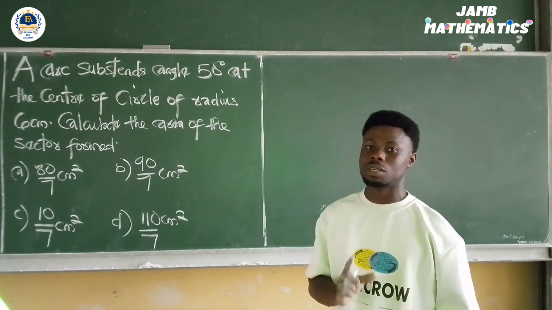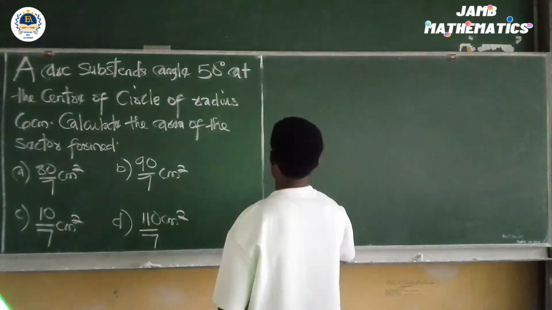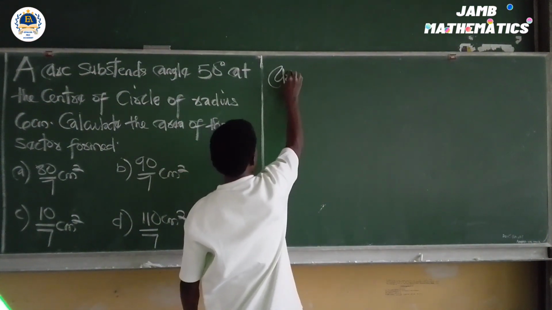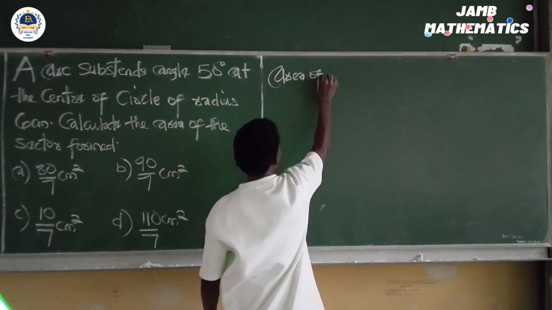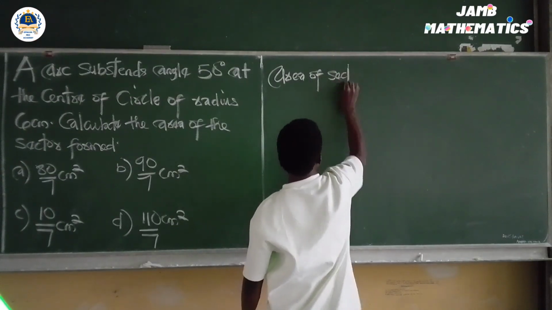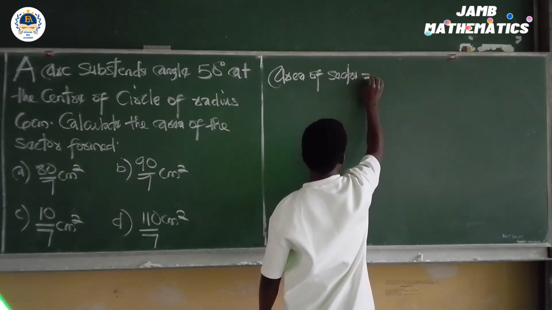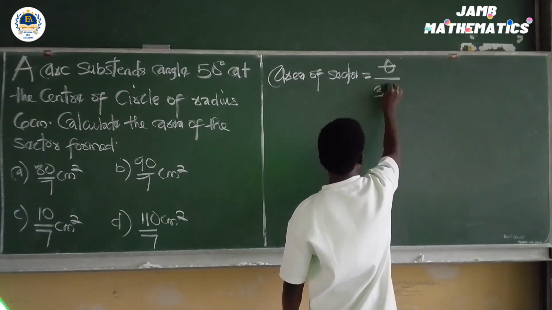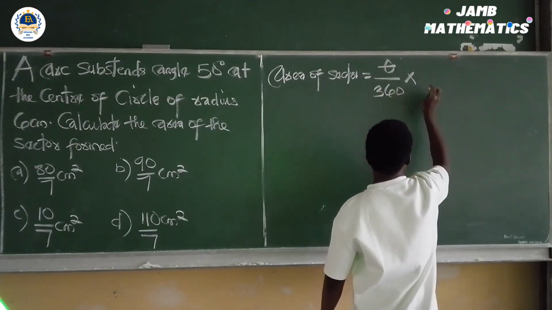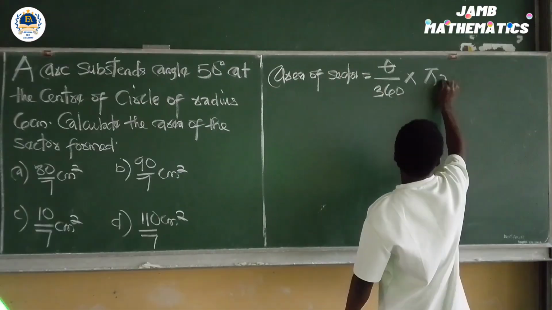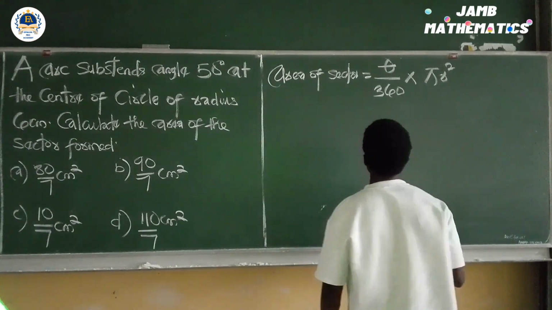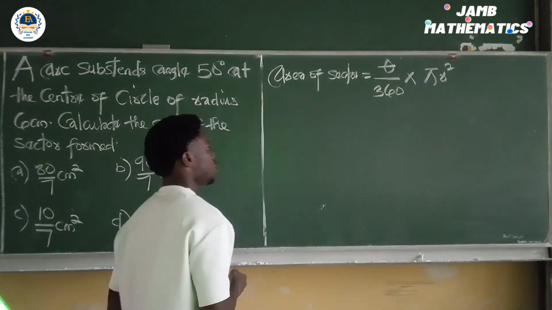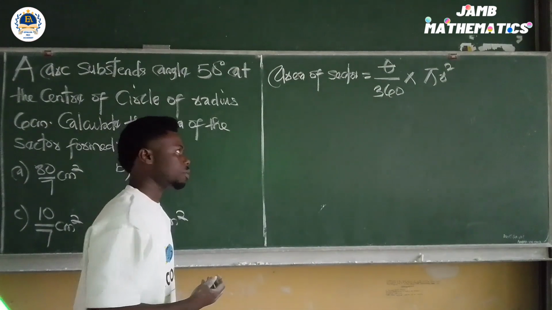So we are going straight to apply the formula. Area of a sector is given by the general formula theta over 360 times pi r square, where r is the radius and theta is the angle given.